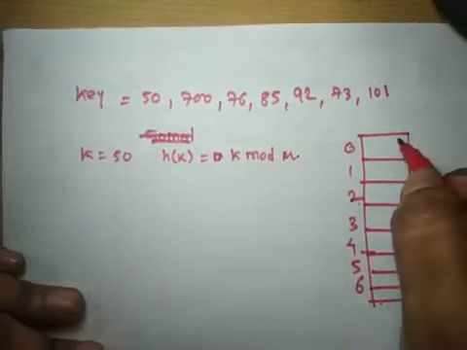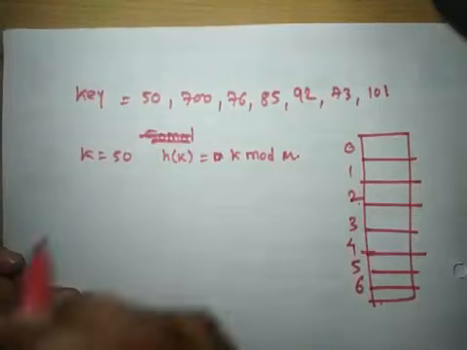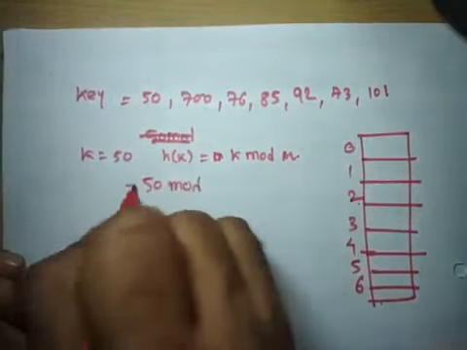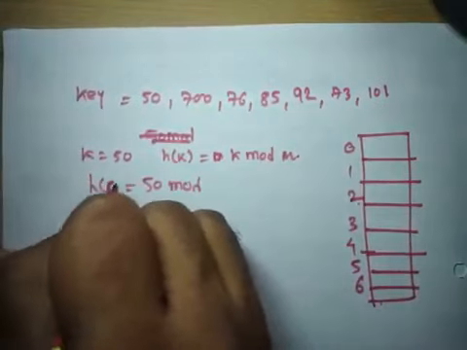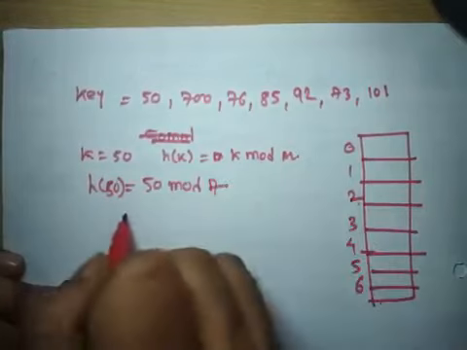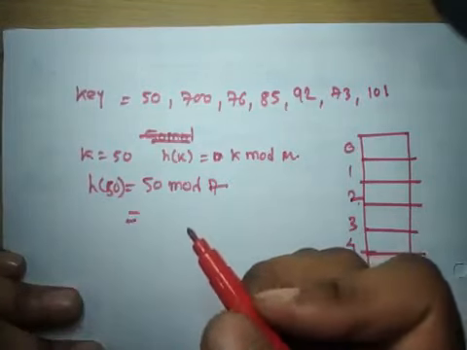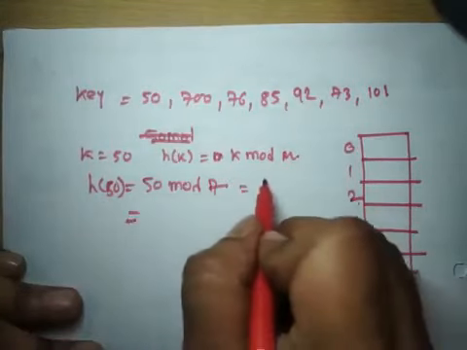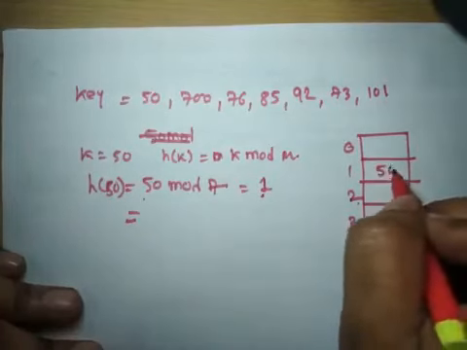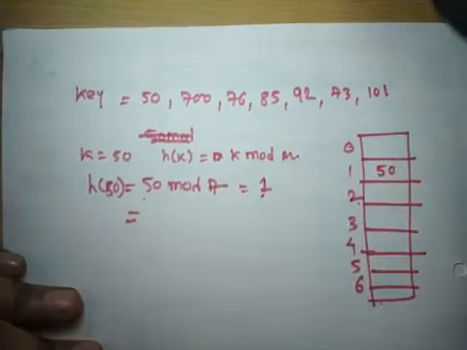So how many elements can this table hold? 7 elements. So 50 mod 7 will produce 1, so at index location 1 we are going to store the element 50.